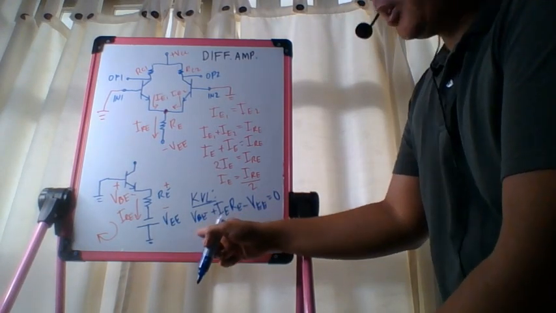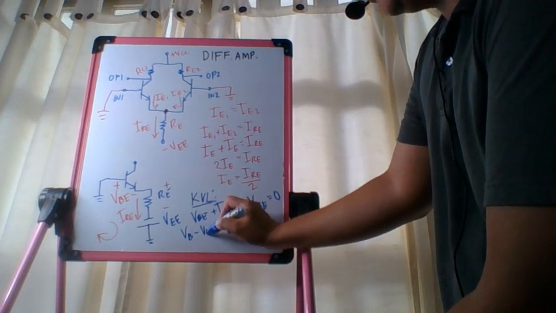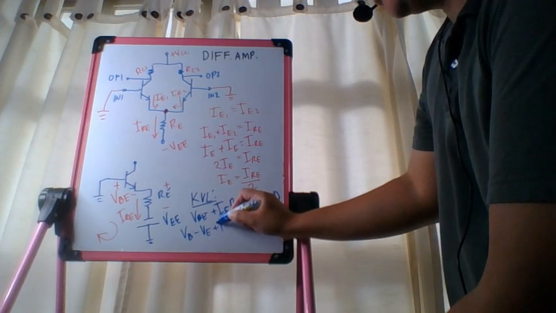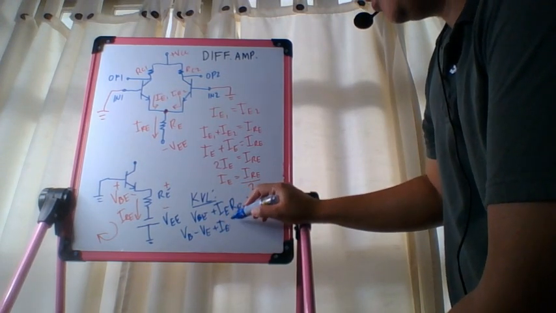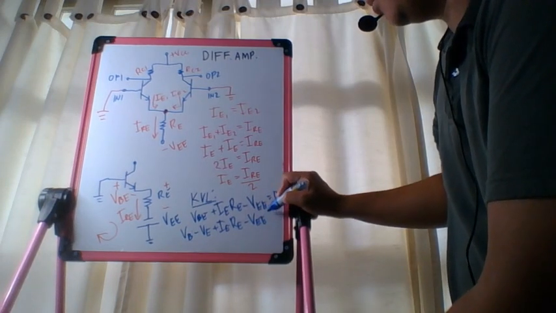VBE can also be rewritten as VB minus VE. So we have plus IERE minus VEE is equal to 0.